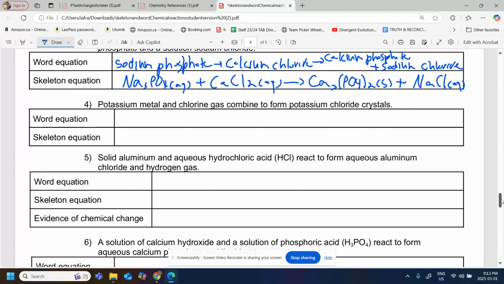Let's go to number 4, nice and simple one. We have potassium and chlorine combining to form potassium chloride. So potassium, we have chlorine, and they're forming potassium chloride.